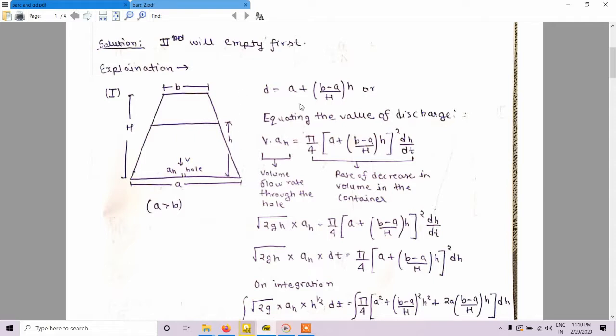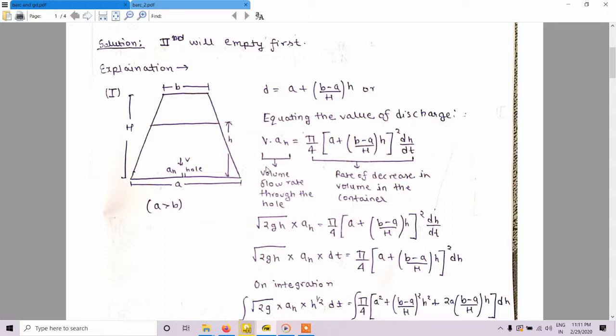So we will equate the discharge taking place through the hole and the rate of decrease in volume taking place in the container. The volume flow rate through the hole is equal to velocity into area. The area of the hole is Ah, and the rate of decrease in volume in the container is pi by 4 d square into dh by dt, where dh by dt is the rate of decrease of the height.